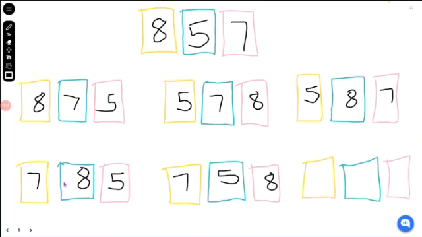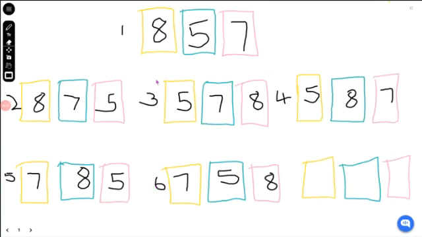So, going back to my first question, I was asking how many combinations can we make using these number cards. Okay, so let's see, we have 1 combination here, we have 2 here, 3 here, 4 here, 5 here, and then last we have 6.